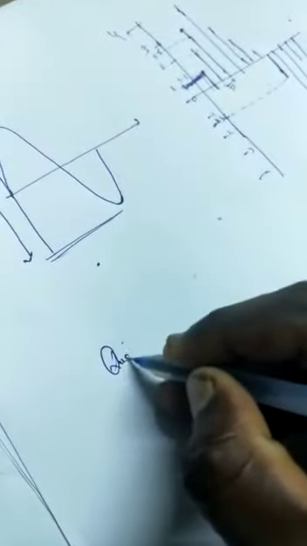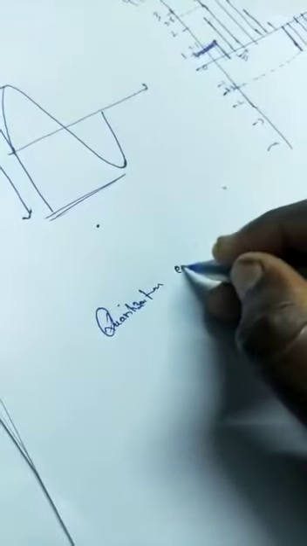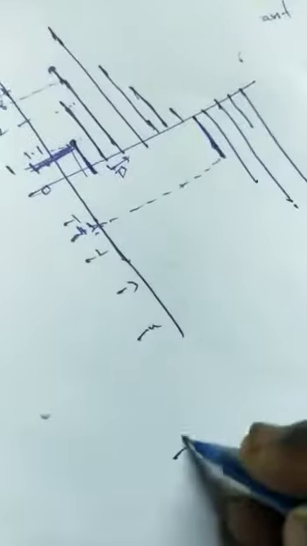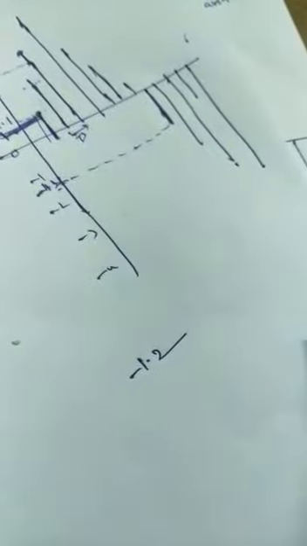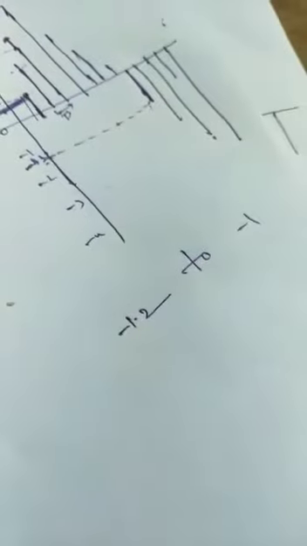And here one more thing is the quantization error. Quantization error means the difference between the analog value and the digital level. I already explained: here the sample value is minus 1.2, and I round off this minus 1.2 to minus 1.